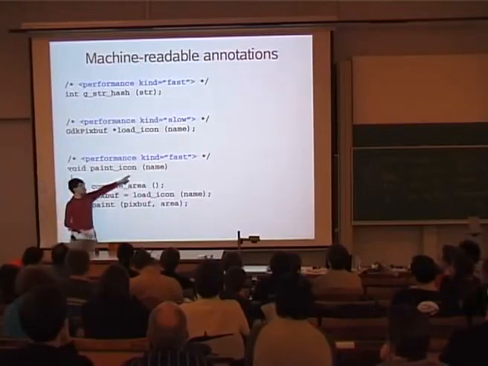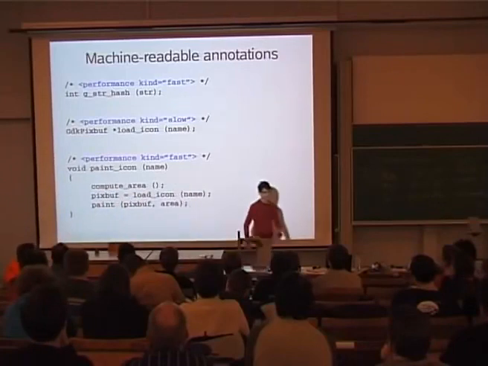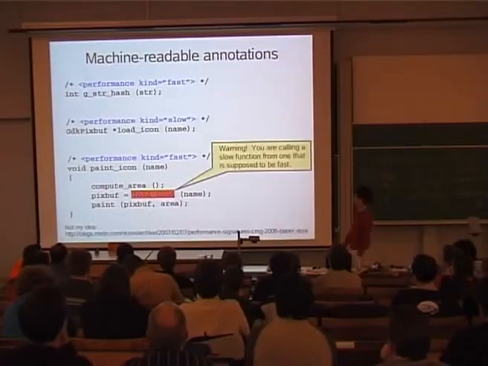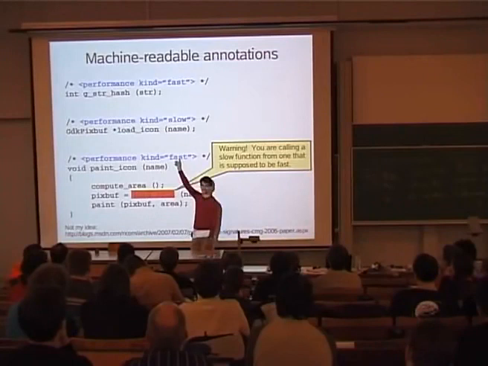This is your paint an icon function: you compute the area to draw, then you load the icon, then you paint the image in that area. If we had machine-readable annotations, then your friendly text editor could highlight that code and say, okay, you wanted to write a fast function here, but that's not going to work because you're calling a really slow function here.